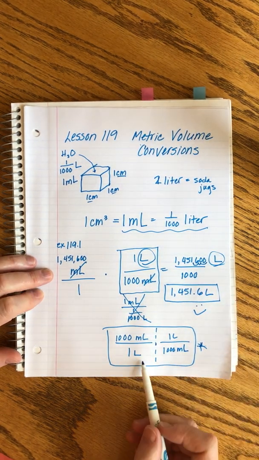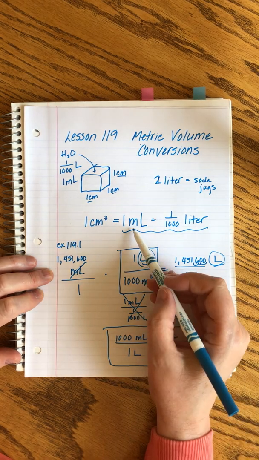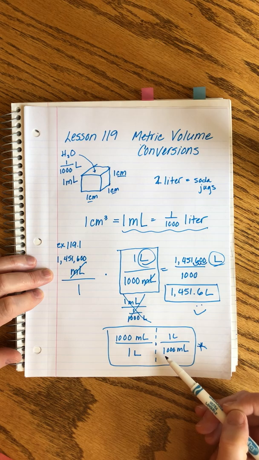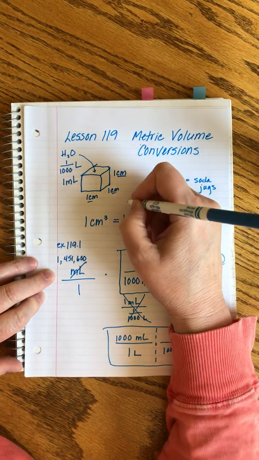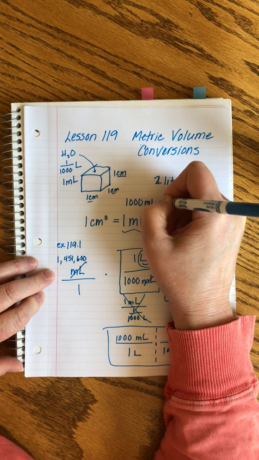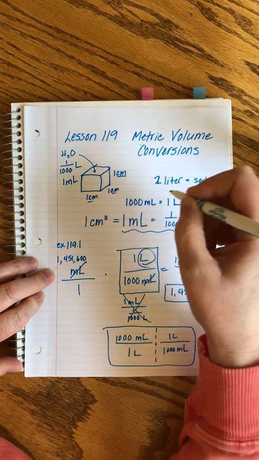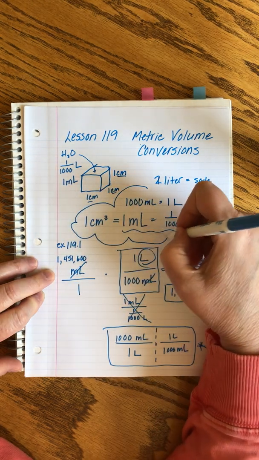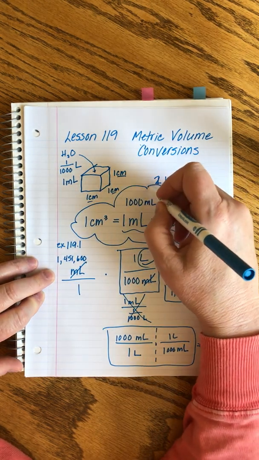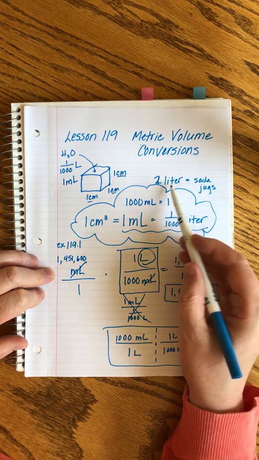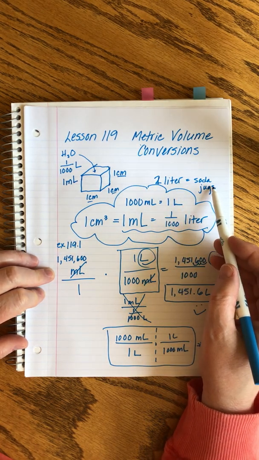Okay, so this is important that we took this relationship and we bumped it up a little bit, right? So we multiplied it by 1,000. So I'm going to just write that over here. 1,000 milliliters equals 1 liter. Okay, so all of this business should go into the cover of your notebook and into your brain. This is just to help you remember.